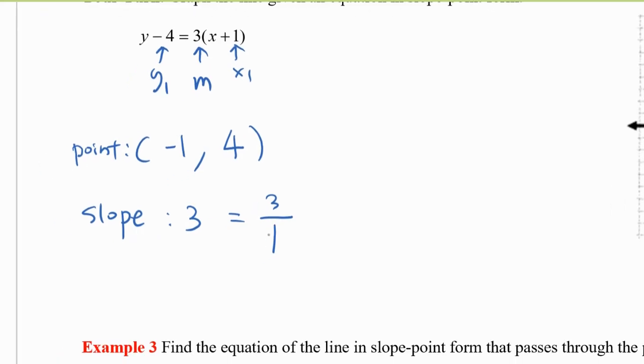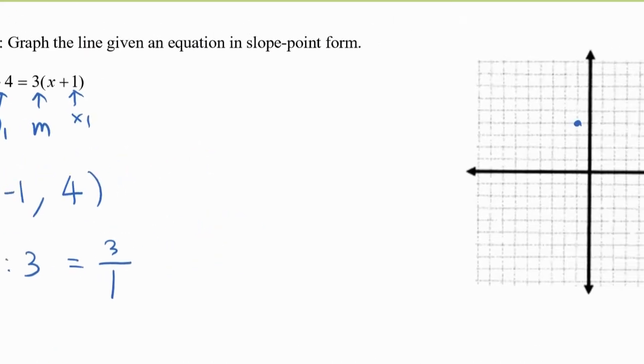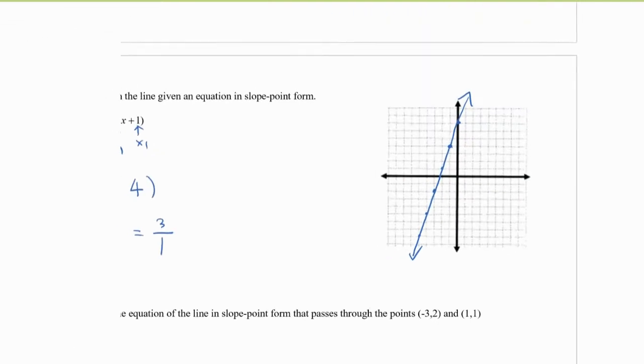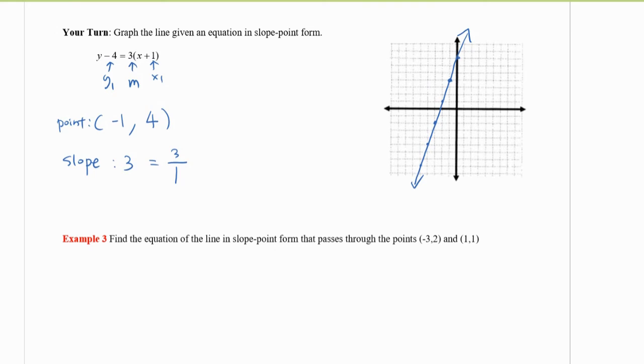So the rise is 3 and the run is 1. So you're going to go up by 3, so 1, 2, 3, and run by 1. So rise over run, 3/1. So go all the way, find all the points, join the points, and put arrows in both directions, right? Okay, so do you guys understand how to make a line, how to find the point and slope?